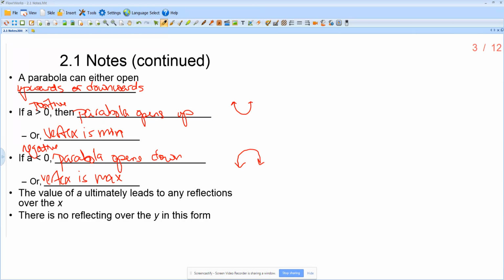We don't have any reflecting over the y-axis in this form. If I were taking some piece of this parabola and flipping it over the y-axis, it would just be the same parabola. And that's why we don't really have reflections over the y-axis. And you could sort of prove that algebraically as well. But just know that a is really telling us about reflections as well as stretching and shrinking.